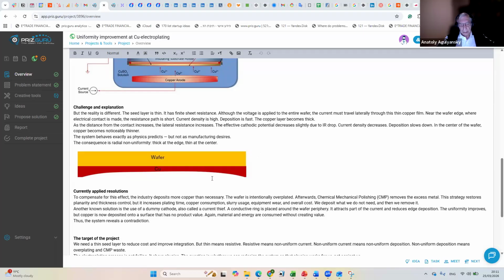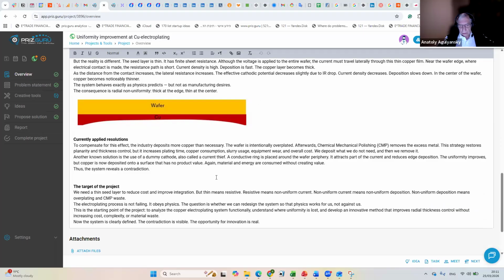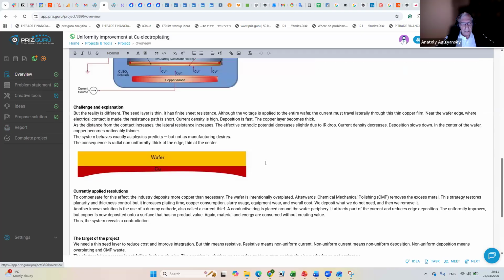This is what is actually done, but it's not an engineering solution. I don't like it. It's not innovation. Since we deposit what we don't need also on the dummy cathode, it's not an innovative solution. Let's start to analyze it.